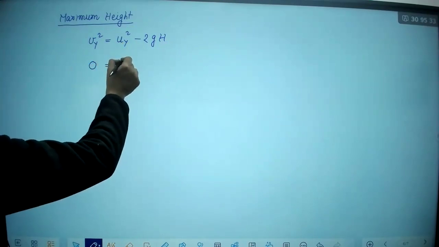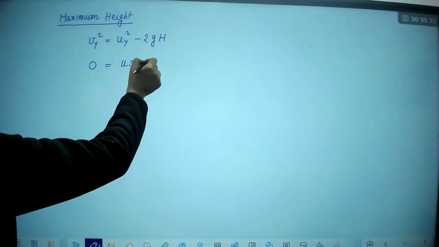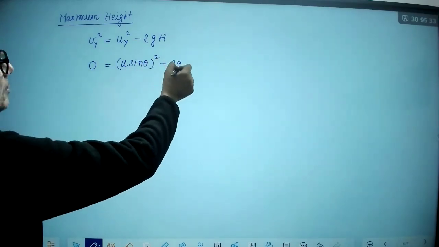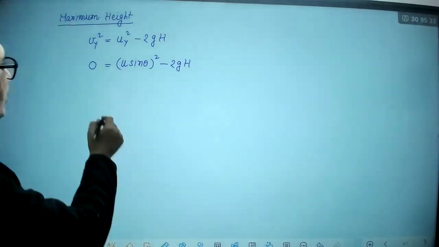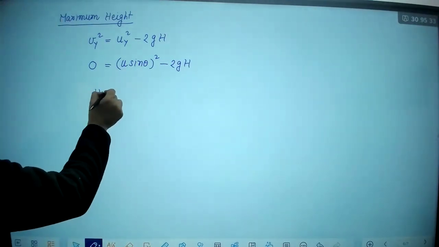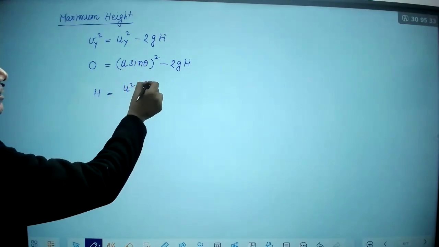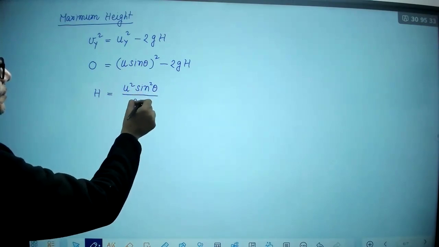Uy is U sine theta, so it will be the square of this, minus 2gH. So what will be the maximum height H? H will be equal to U square sine square theta upon 2g.